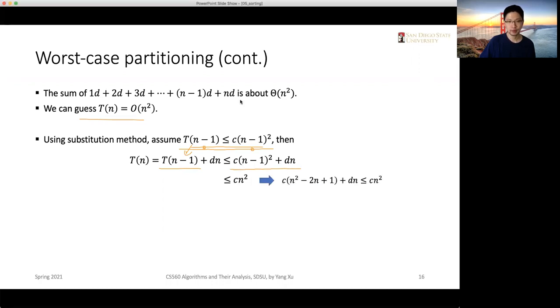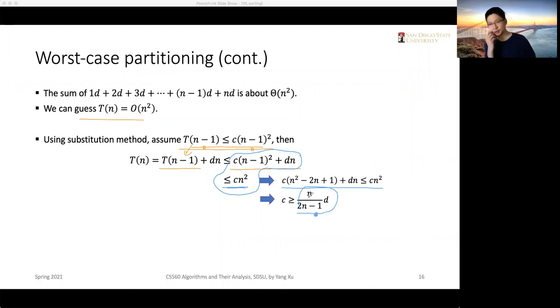And we also wish the inequality to hold for the larger input size, which is this inequality, right? So in order to solve this inequality, this is what we get. We can basically have this inequality like C should be greater than or equal to this quantity, right? And this quantity has a limit because n can increase and can be arbitrarily big.